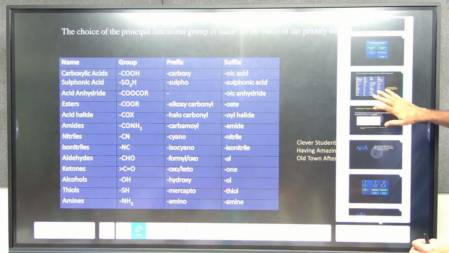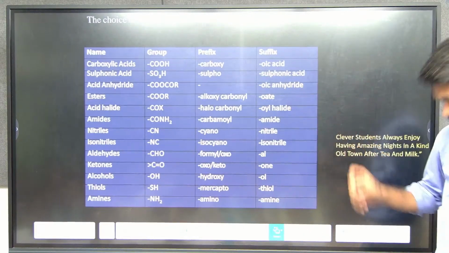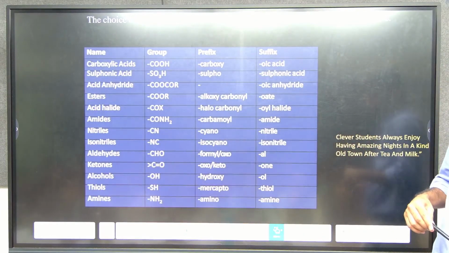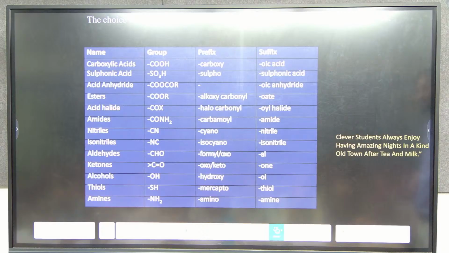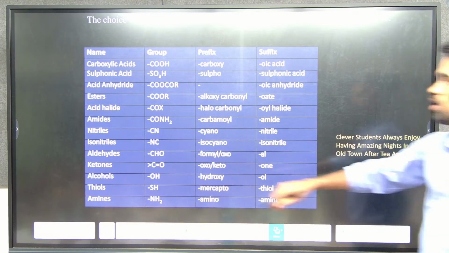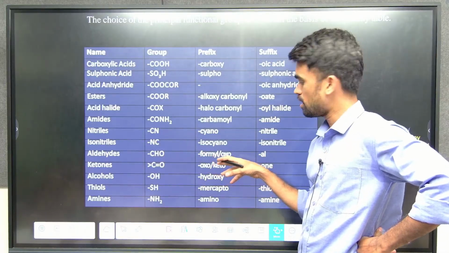Okay. Now what are the things we have here, functional groups? Carboxylic acid, sulfonic acids, acid anhydrides, esters, acid halides. Okay. So aldehydes, what is the prefix we have? Formyl or oxo.